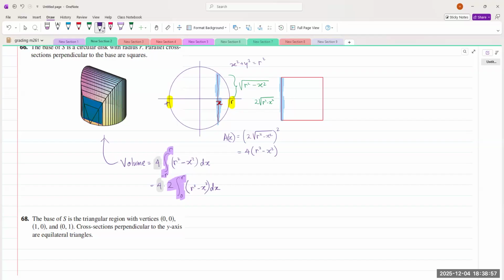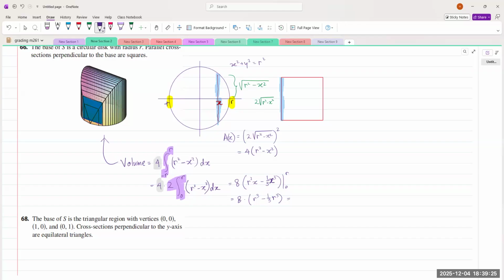Now to compute this further, this will be 8 times r squared x minus 1/3 x cubed from 0 to r. I'm sorry, this is x. This is supposed to be x.